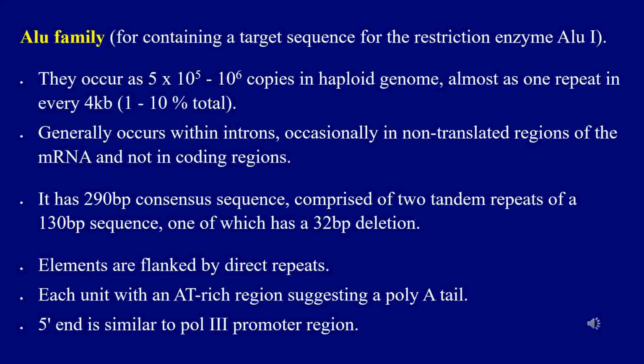The Alu family is named after a target sequence which is present within this sequence for the restriction enzyme AluI. This repeat occurs as 5 x 10^5 to 10^6 copies in the haploid genome, almost as a repeat in every 4 kilobase pair, and so varying from 1 to 10% of the total.